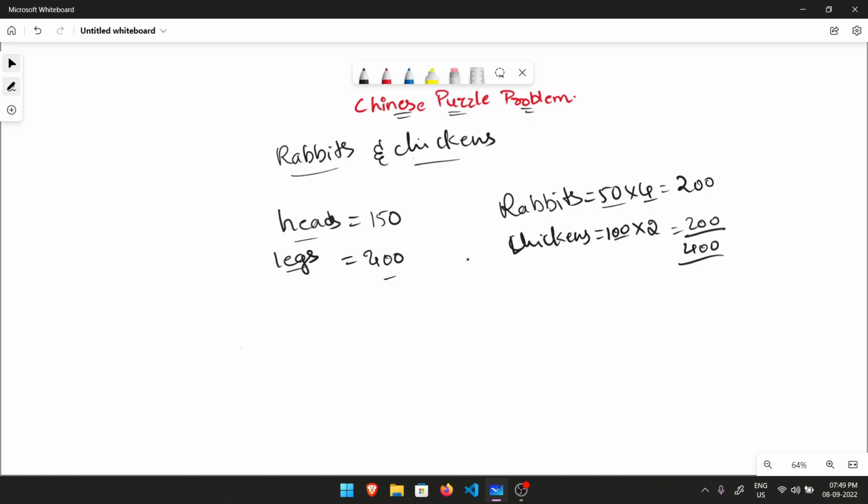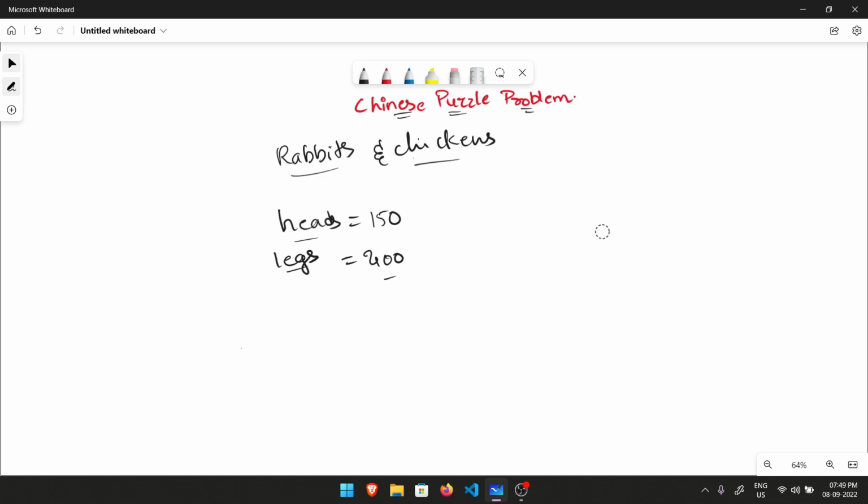We will be using this example to solve the problem. Let's consider x as the number of chickens and y as the number of rabbits, and x plus y equals 150, as it's the number of heads. Now, 2 times x, since each chicken has 2 legs, plus 4 times y, since each rabbit has 4 legs, gives a total of 400, as given in the example.